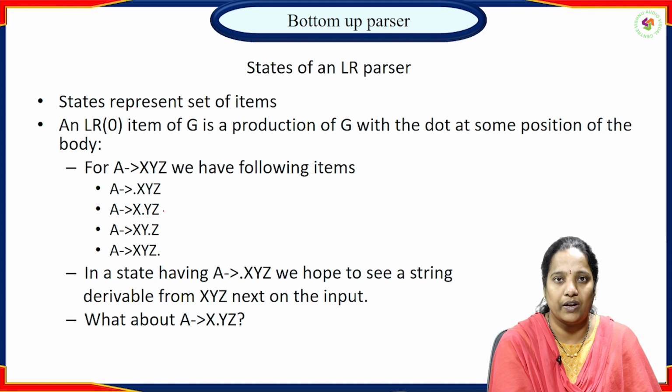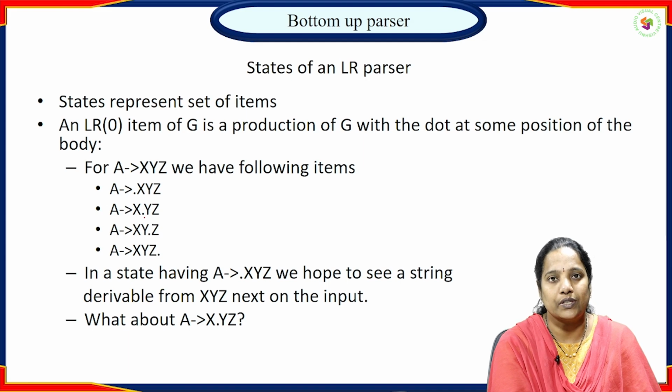One symbol at a time, it reads one symbol. That is indicated with A tends to X dot YZ. The parser has already viewed the symbol X, and it has to process the next remaining input, that is YZ. Then the dot is moved to the right.